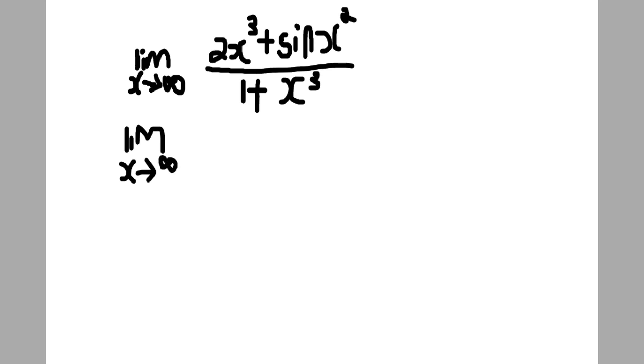Here we are going to divide everything by x to the power 3, because it is the highest power. Basically, I will repeat this: when we are dealing with a limit as something approaches infinity, we divide by the factor that has the largest power.